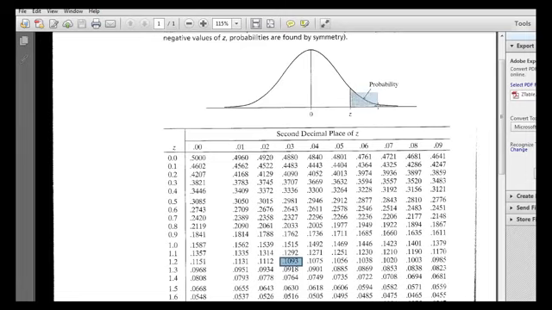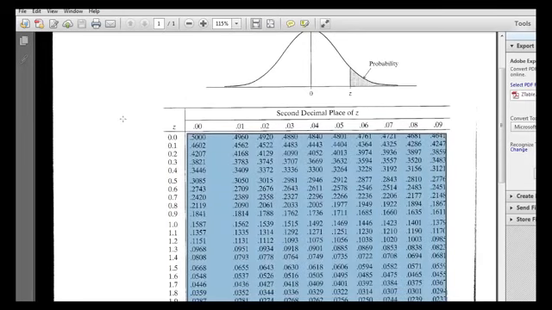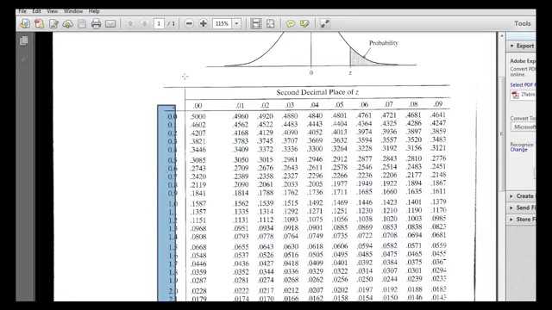So that's the proportion of observations that are to the right of a z of 1.23. Okay? That's all it is. The thing to remember is that the p-values are inside the table and the corresponding z's are in a combination of this left column and this top.